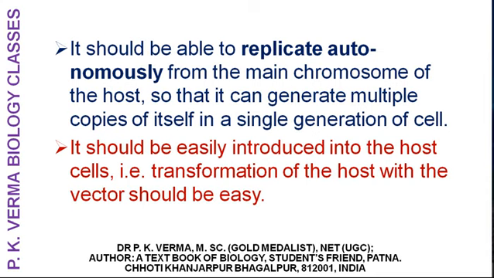So a small amount of calcium chloride is mixed, which, being a hygroscopic, water-absorbing chemical, makes pores through the cell wall of E. coli, and these pores help in the transfer of DNA from the medium into the cell.